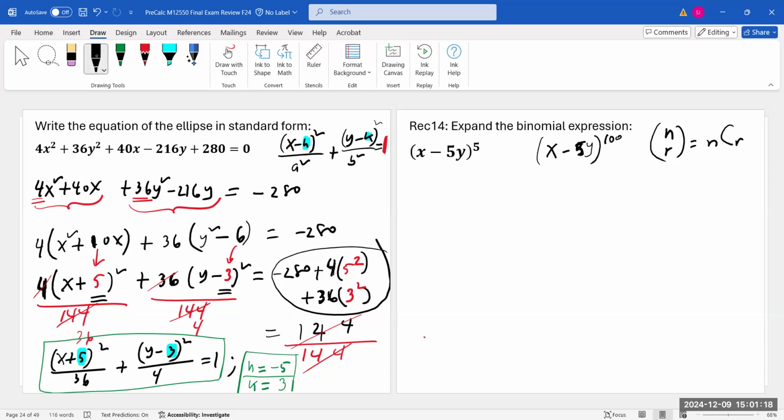What is the 20th coefficient of this binomial? To find that, you use the formula. We have 100 total. We are looking for the 20th factor. So you're choosing 20 out of 100, 100 choose 20. Using a calculator, you can find that.